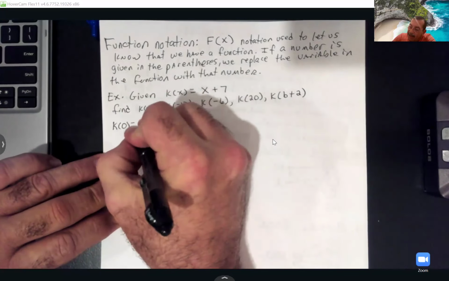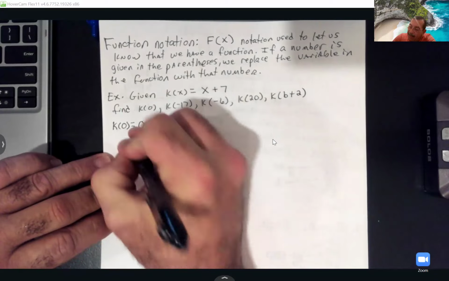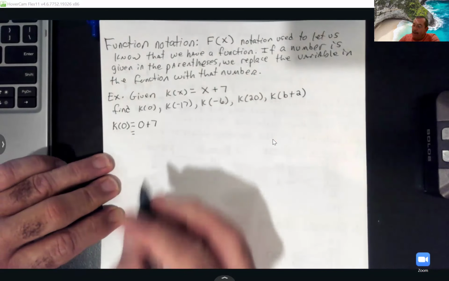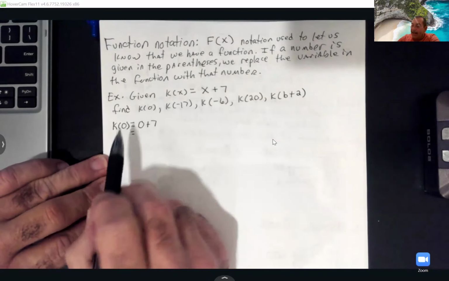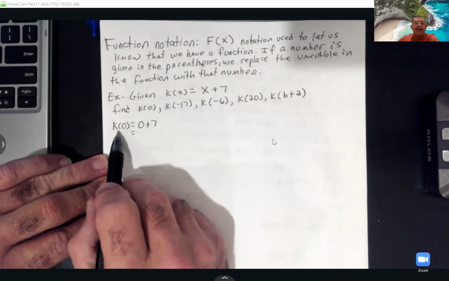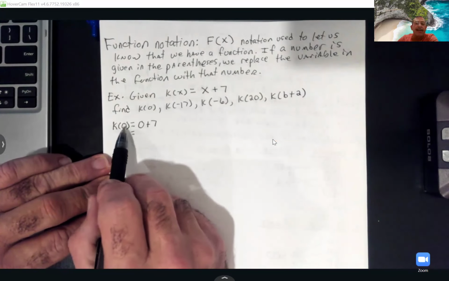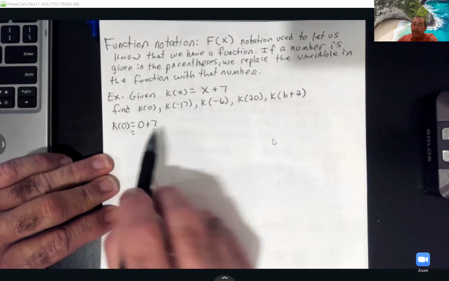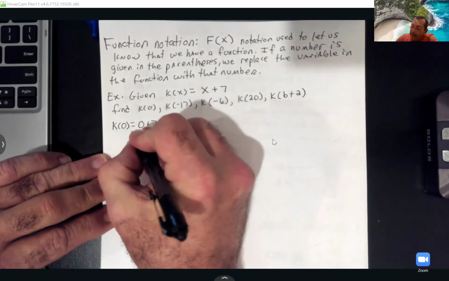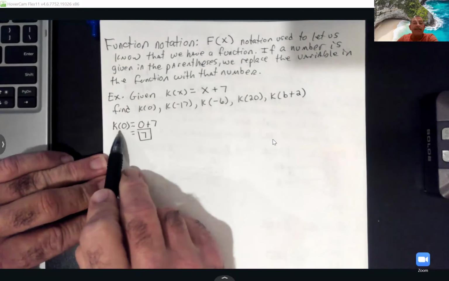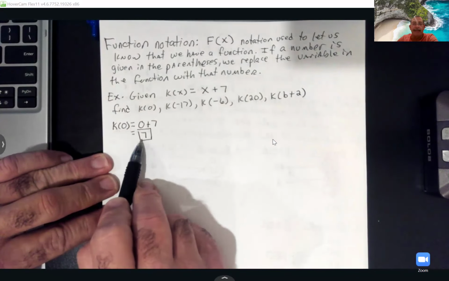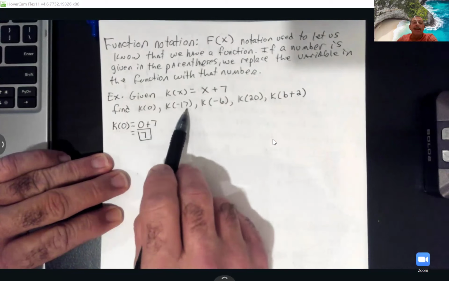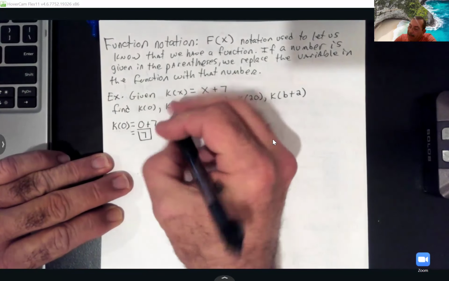So that'll give me 0 plus 7. And y'all, on a function, you only work the right side. You cannot do nothing with this k of 0. It's just telling us what we put into the function. So all we do is add 0 plus 7, which means k of 0 equals 7. So then we got to find k of negative 17.